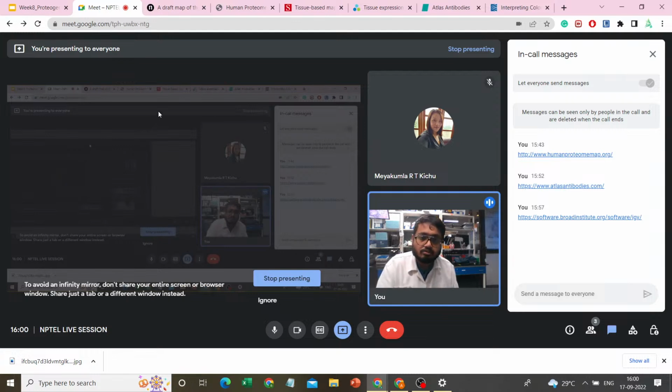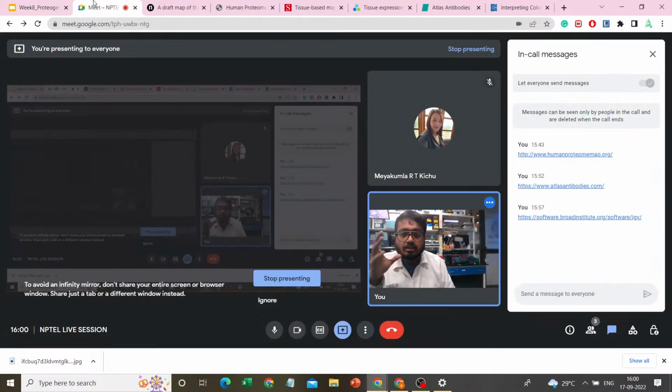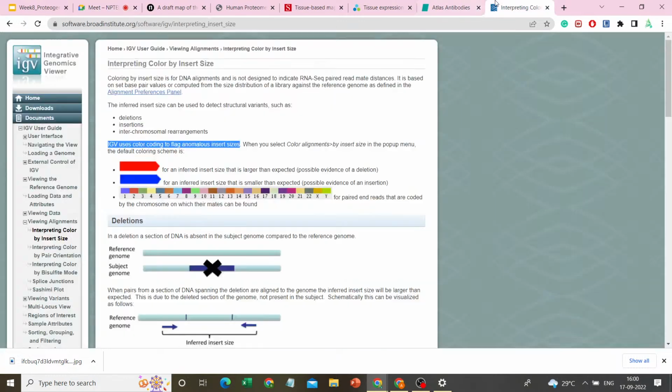That is where the major goal comes in. IGV uses color coding to flag anomalous insert sizes, which are not normal. So whichever insertions or deletions are not normal, IGV uses a color code so that a person can understand what is happening. This color code needs to be understood to interpret those.